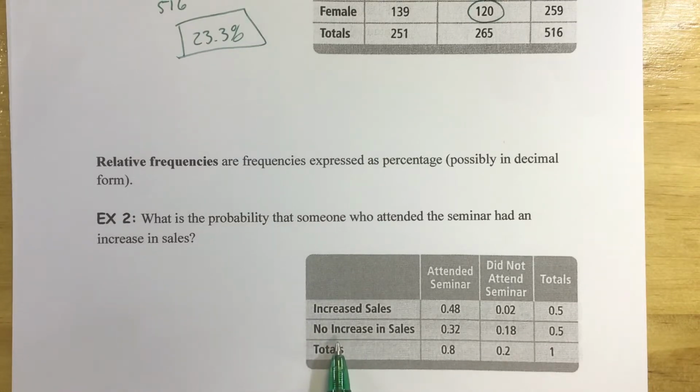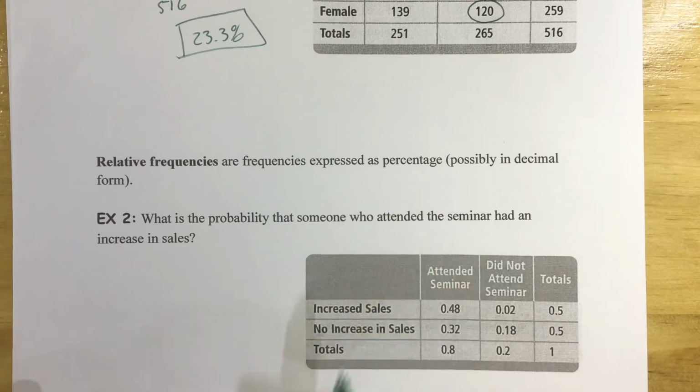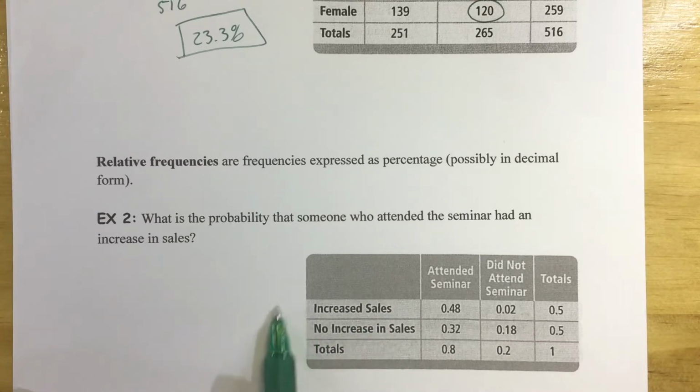I don't know if these are people who attended a seminar or did not. So you either attended the seminar or you did not attend the seminar. You're either going to have increased sales or no increased sales. So it's your sales versus whether you went to the seminar. But when you look at all the numbers here, these are all just decimals.